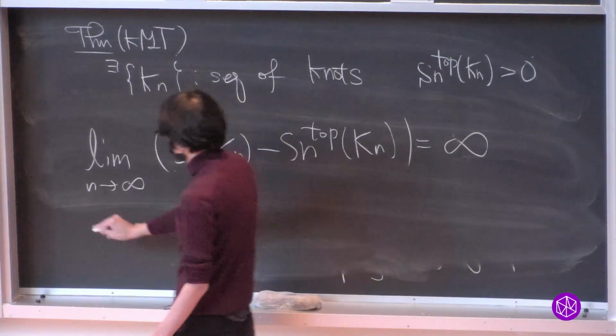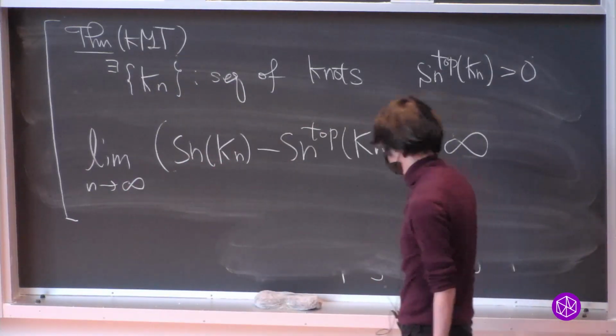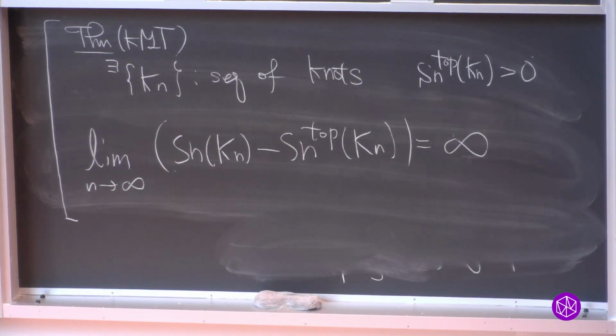So that tells us the essential difference between the topological and the smooth stabilizing numbers.